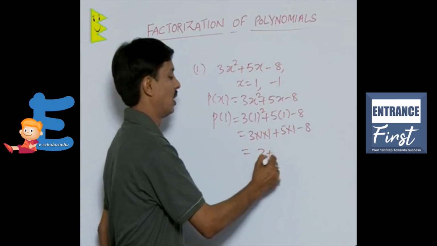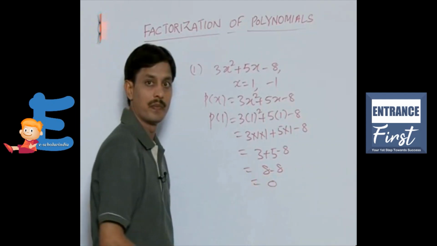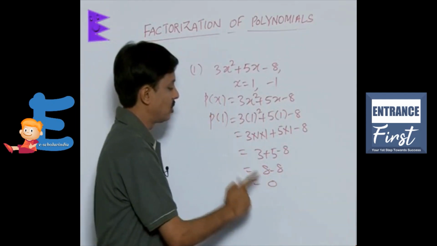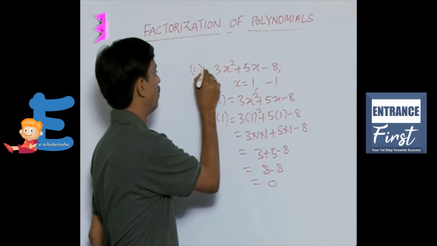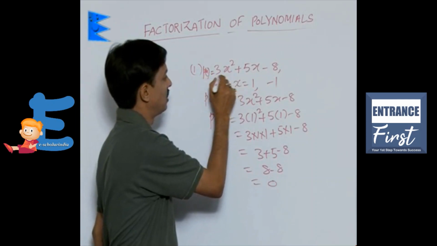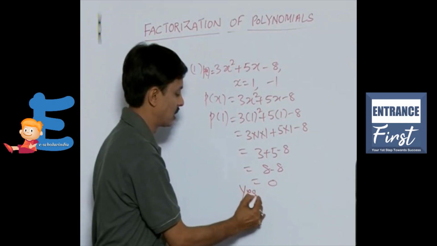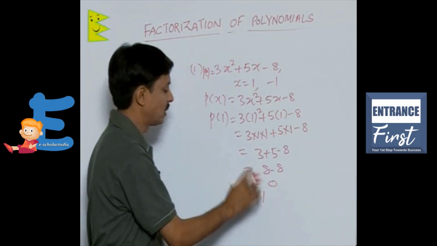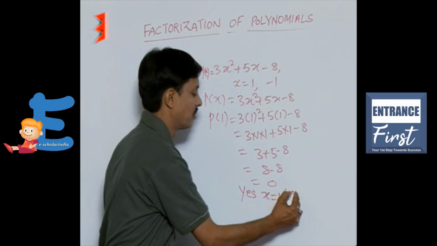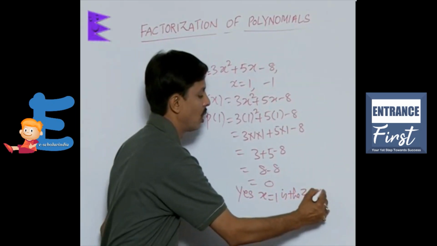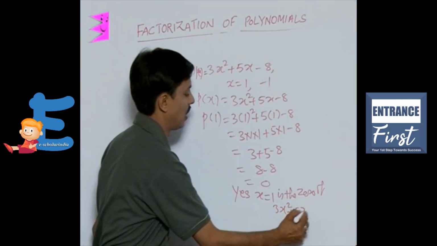This becomes 3 plus 5 minus 8, which is equal to 8 minus 8, which is equal to 0. As I can check, if I put x equals to 1 in the given polynomial, I find the result on the right hand side is 0. So I will say yes, as p of 1 is 0, x equals to 1 is the zero of 3x square plus 5x minus 8.